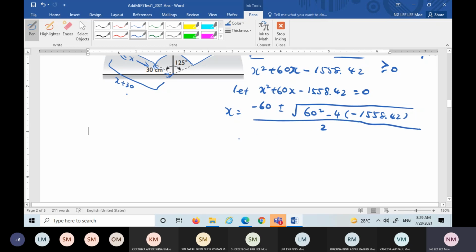Divide by 2A, and A is 1. So this one you will be getting 99.165.